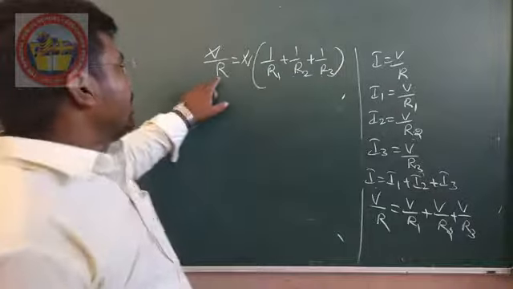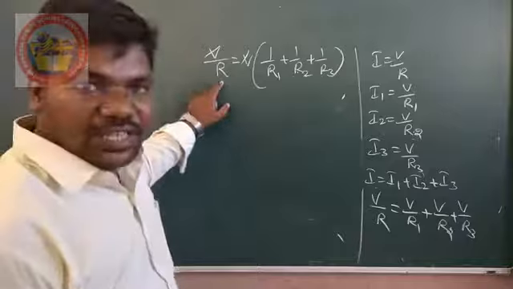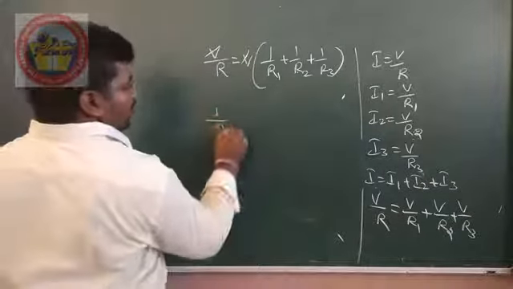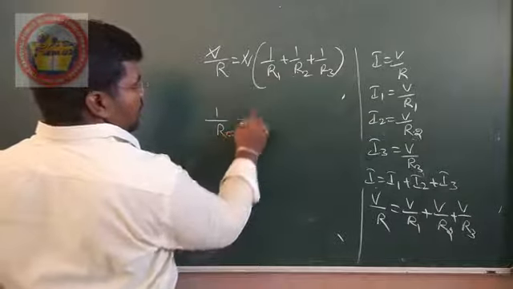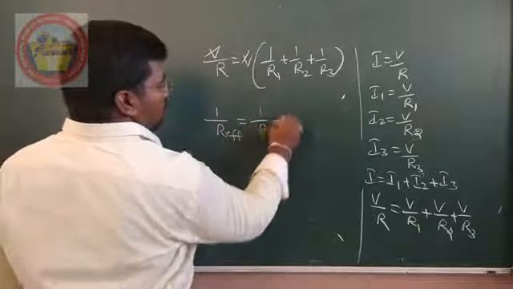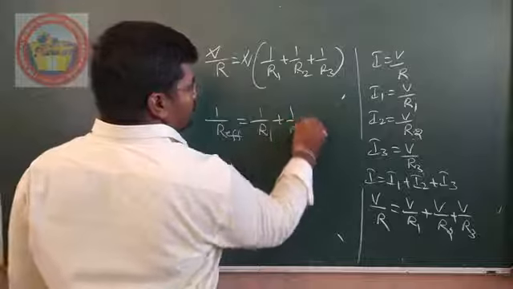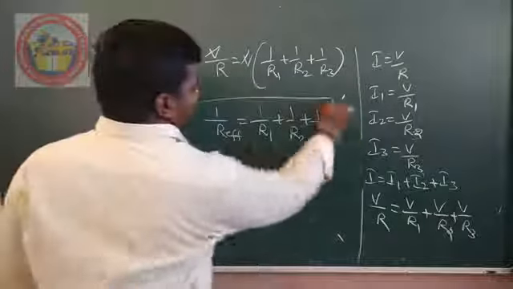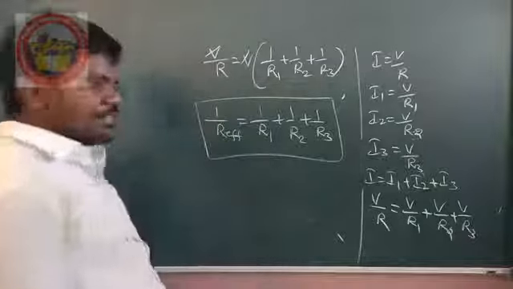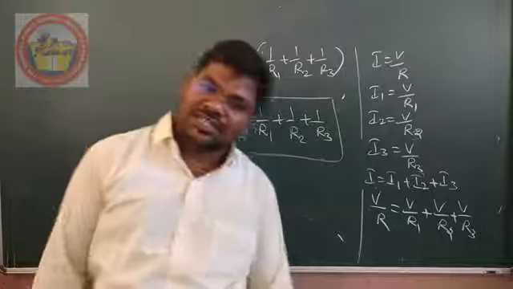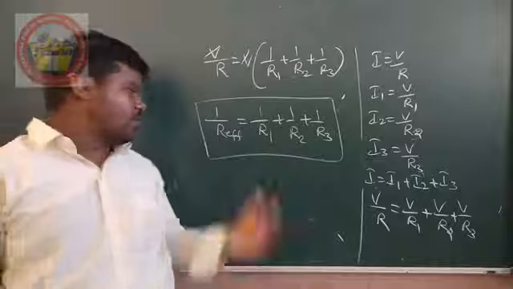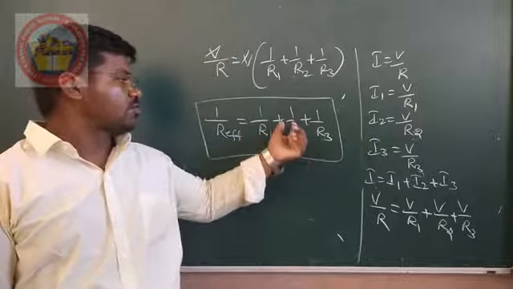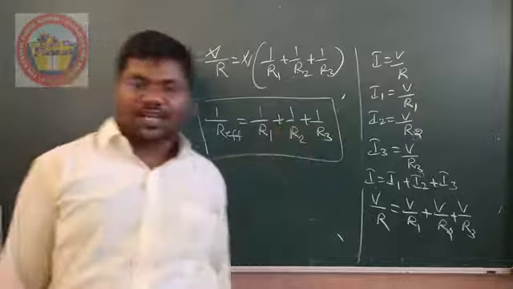This resistance we call the effective resistance or resultant resistance. 1 by R effective is equal to 1 by R1 plus 1 by R2 plus 1 by R3.